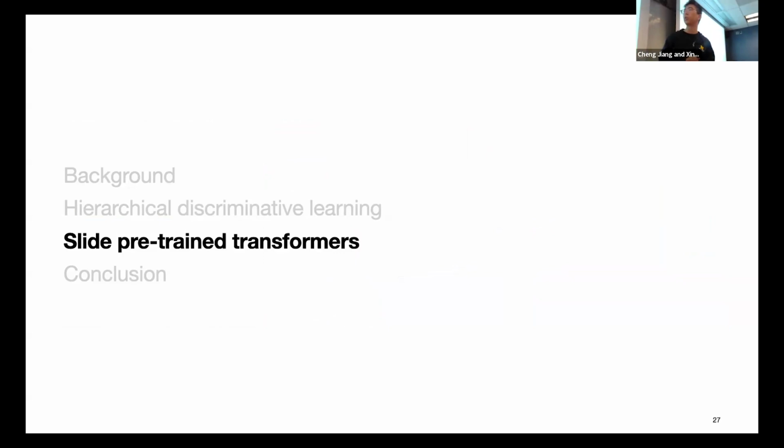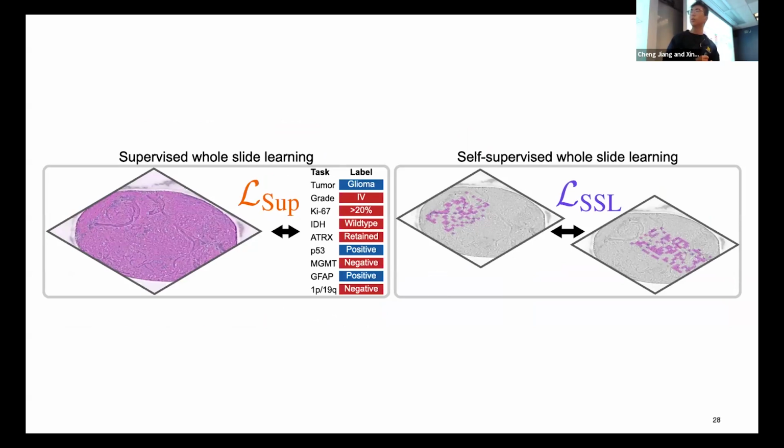We call it slide pre-trained transformers, abbreviated as SPT. The advantage of SPT is that some slide encoders need supervised whole slide learning, with annotations like the tumor type, or the IDH status or MGMT, some of these molecular information.